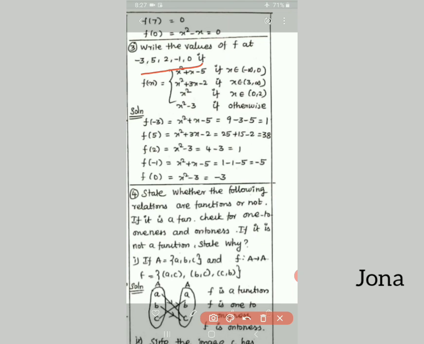Minus 3 is in the first interval, minus infinity to 0. So I can take x square plus x minus 5 for the calculation. Instead of x, I substitute the value minus 3, so that I get 9 minus 3 minus 5 equal to 1.